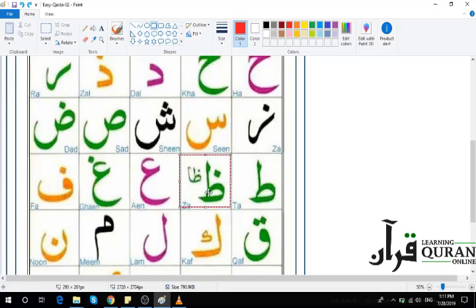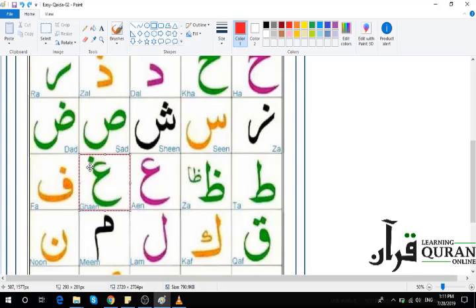Now our next letter name is Ain. This is also a throat letter. So try to pronounce this letter with your throat. Ain. Push your voice in your throat. Ain. Next we have Ghain. The letter looks the same, and the difference is the dot.